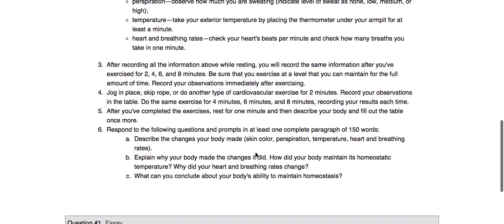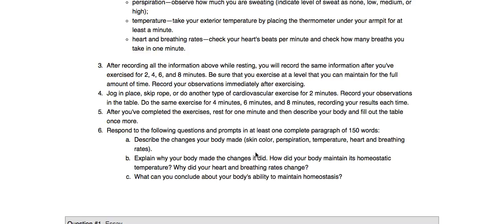And I'm not so much worried about the word count, but I'm worried about how well you can describe what I'm looking for. Specifically here, in question 6B and 6C. Your descriptions will be easily read in your table, but what I'm really looking for is, can you explain why your body made the changes it did?